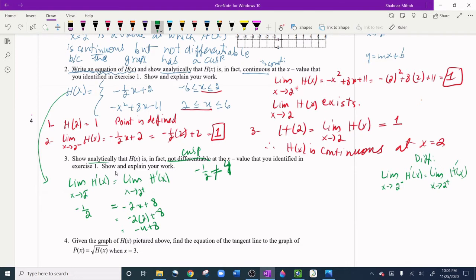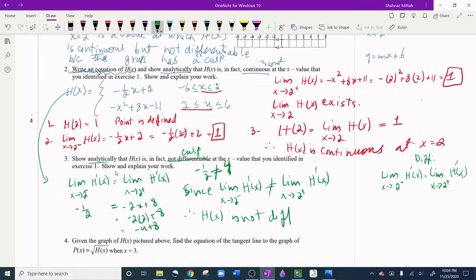So I'm going to say, since they said explain, since the limit as x approaches 2 from the left of h prime of x is not equal to the limit as x approaches 2 from the right of h prime of x, therefore h of x is not differentiable at x equals 2.